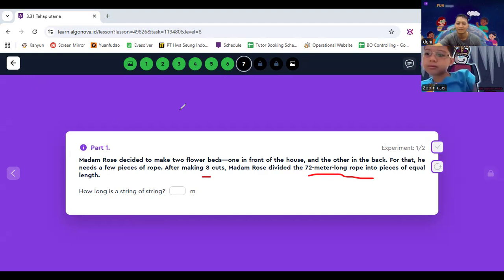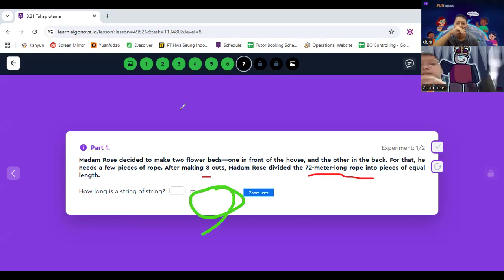Wait. Nine parts is what you will get, but each rope is 8 meters.